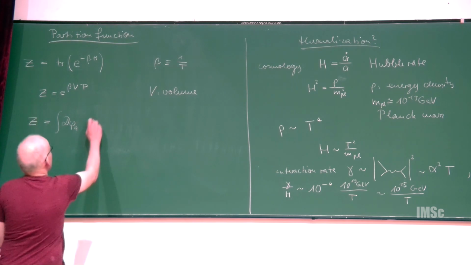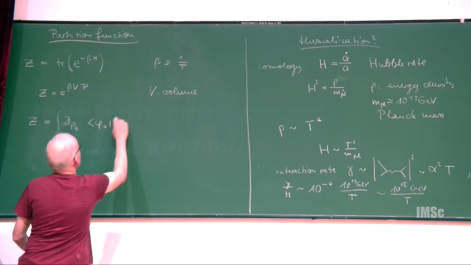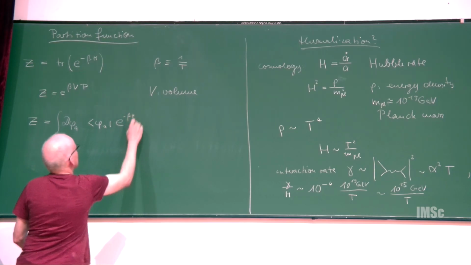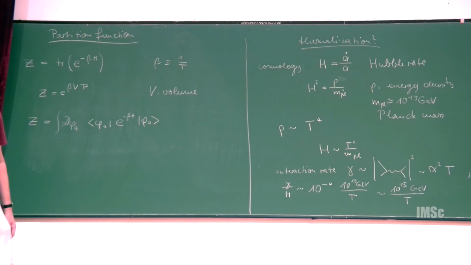And then we have the eigenstate phi a, e to the minus beta H, phi a. That's our partition function. Okay, so far so good.